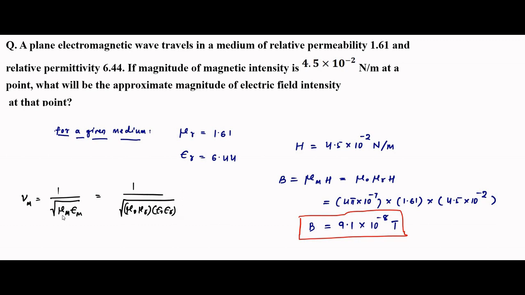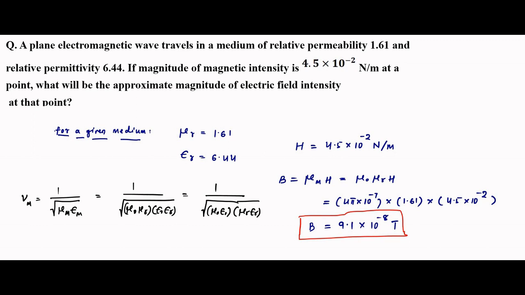If we rearrange it, it will be 1 by root over of mu 0 epsilon 0 into mu r epsilon r.